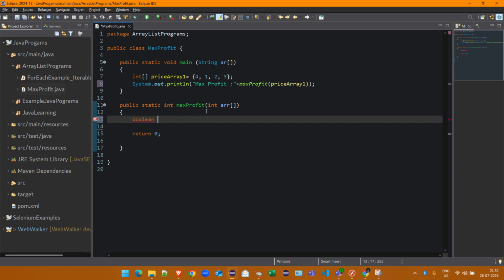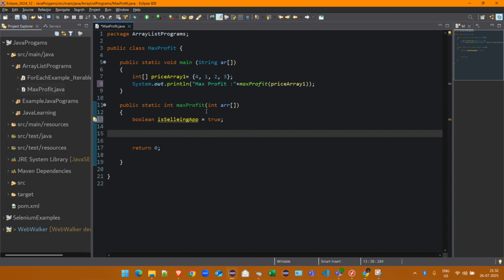At a time you can either sell or buy, because when you don't have one you can buy, and when you have one you can only sell, you can't buy more, right? So I'll take one boolean condition, isSellingApplicable. For the very start it would be true, because it is given in the problem that at the very beginning you have one asset to sell.